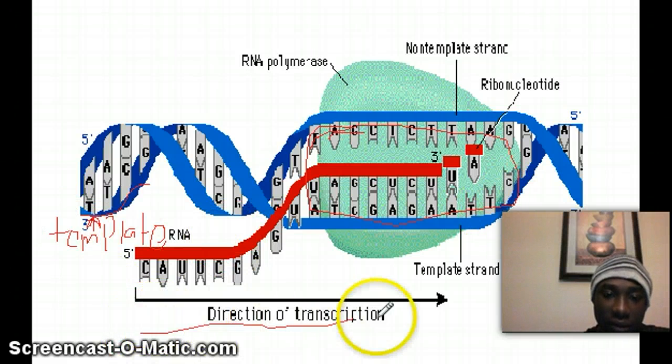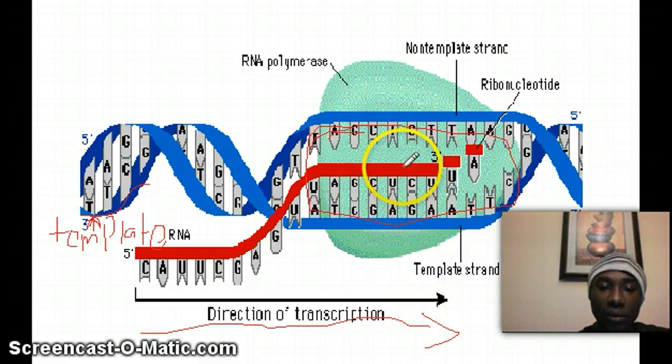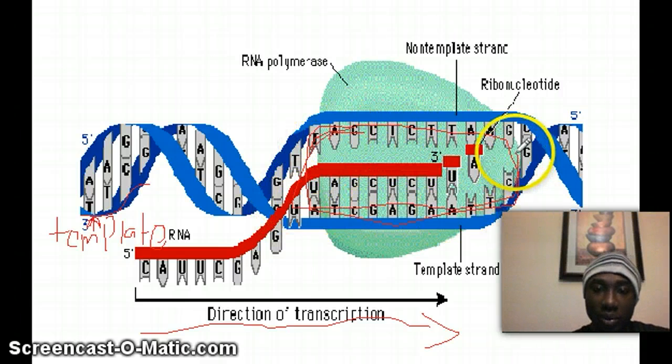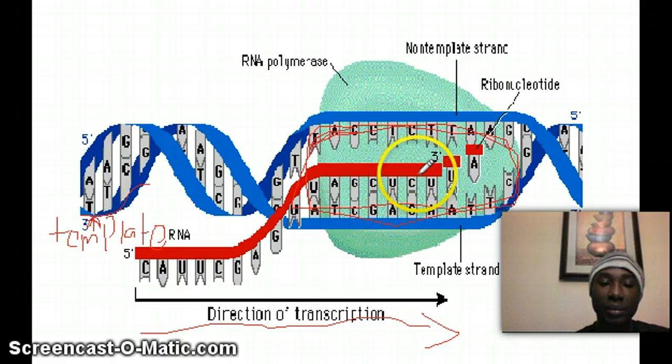So here's the direction of the transcription, and it'll only focus on the gene sequence around this region, around the promoter region. So as it keeps reading the gene sequence, it'll copy it and will leave behind an RNA strand.